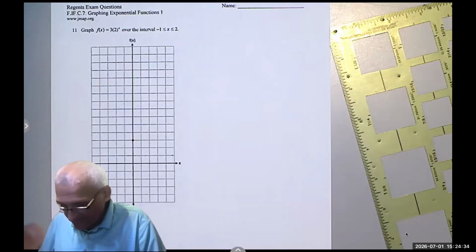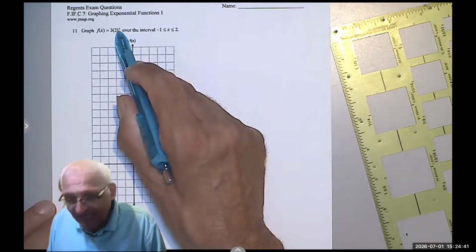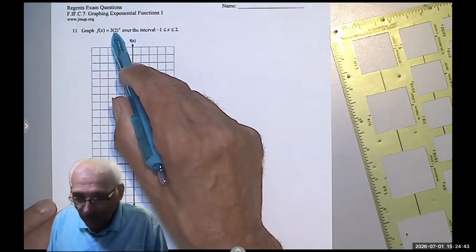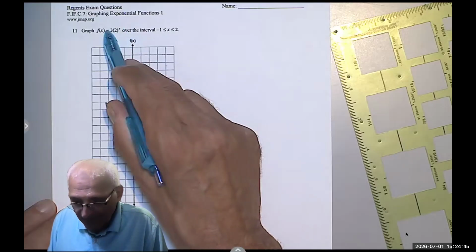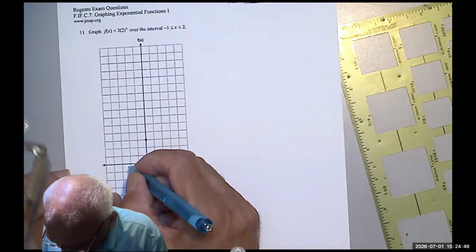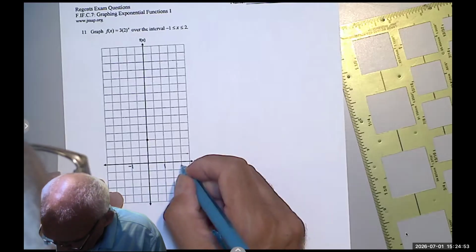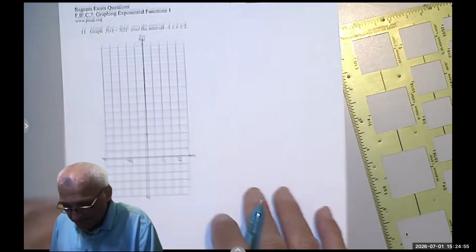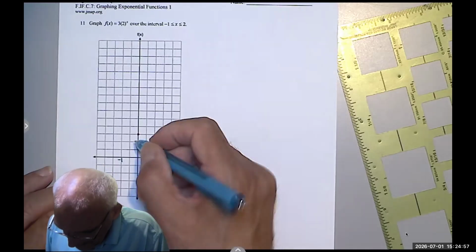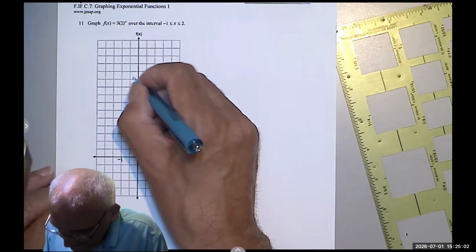Still, the x-axis is an asymptote, and the interval is from -1 to 2. When x is -1, 2 to the -1 is 1/2, but 3 times 1/2 is 3/2. So if we say this is -1, this is 1, this is 2, so I give myself space. Here I'm going to write this is 2, 4, 6, 8, 10, 12.